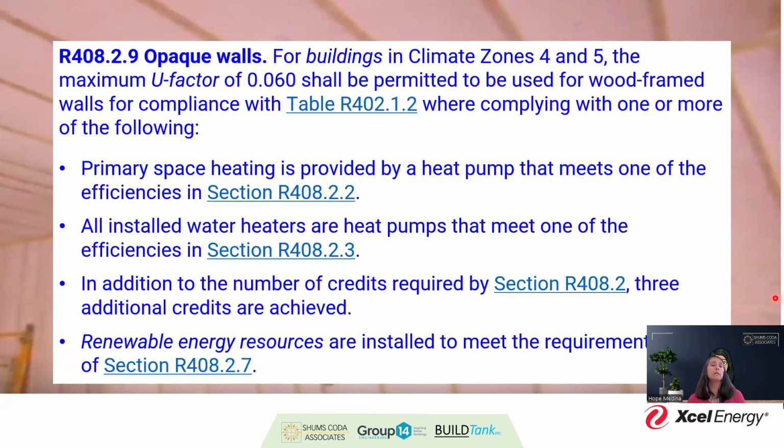One is that your primary space heating is provided by a heat pump that meets one of the efficiencies of 408.2.2. You have an installed water heater that is a heat pump and meets the efficiencies of 408.2.3. And then you also have to get 3 additional credits in renewable energy sources that would meet section 408.2.7.